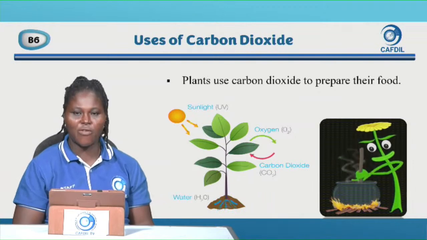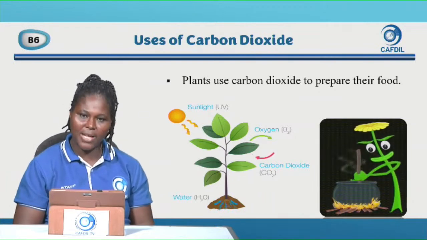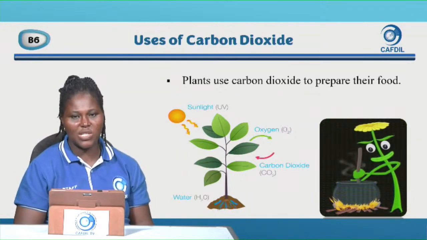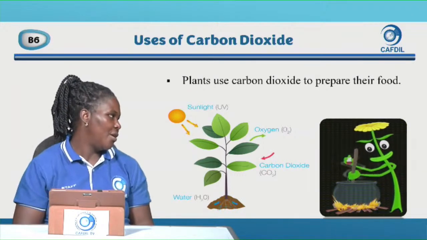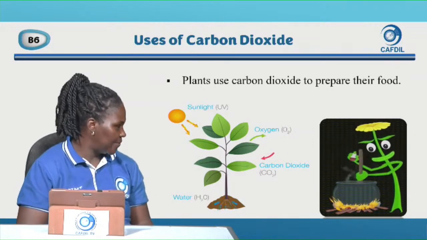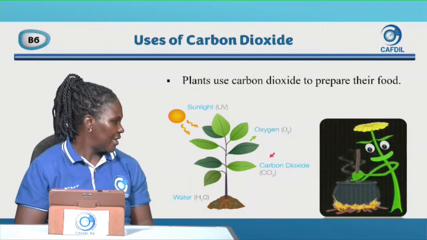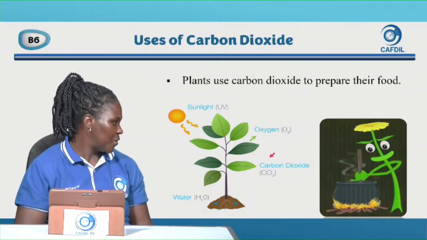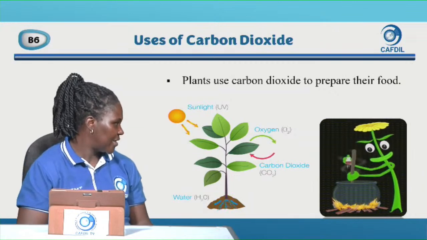Another use of carbon dioxide: plants use carbon dioxide to prepare their food, as we can see on our screen. When the sun shines on the leaf, it gives energy, and the plants use it to prepare their food with water and other nutrients.